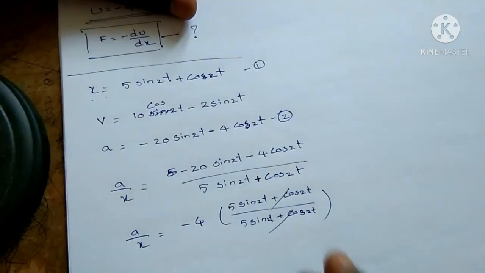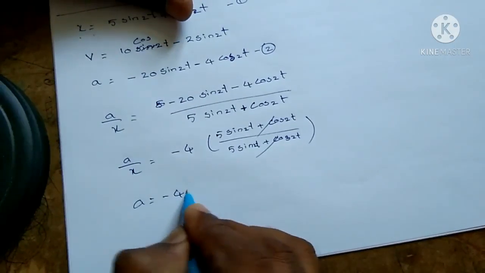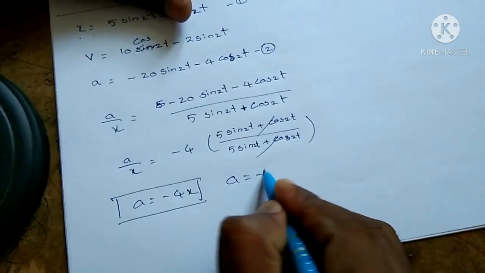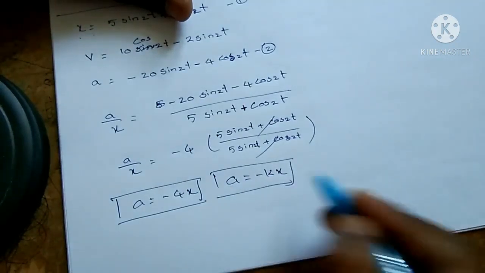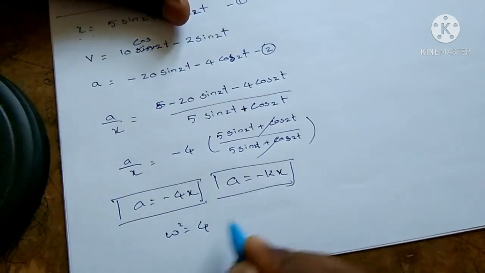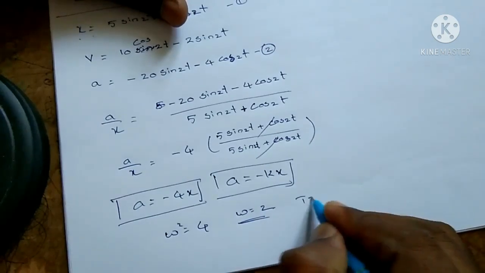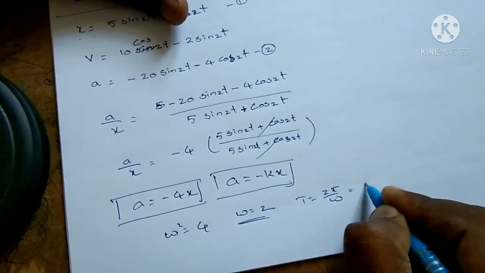Both are the same and will get cancelled. I have a is equal to minus 4x. It is comparable with a is equal to minus kx. That's it. It is SHM, and I have omega square is equal to 4, omega is equal to 2, and T is equal to 2 pi by omega, that is nothing but pi.